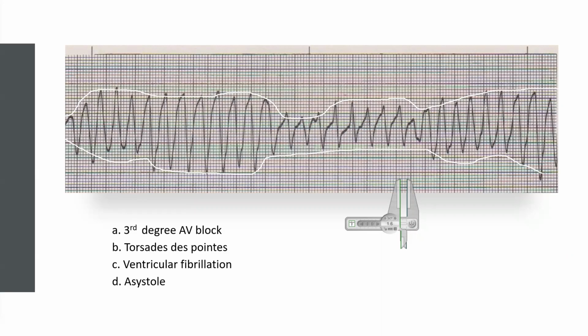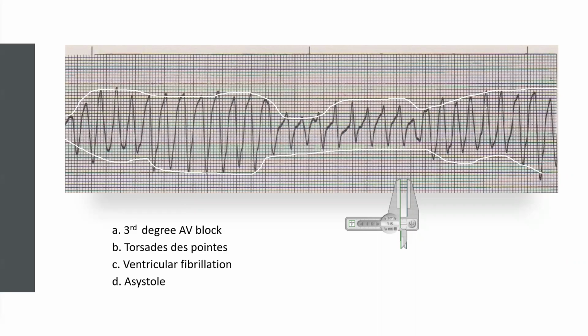So how do we diagnose torsades de pointes? Obviously, it is diagnosed by electrocardiogram, and it may cease spontaneously, as I said, or it could degenerate into ventricular fibrillation.